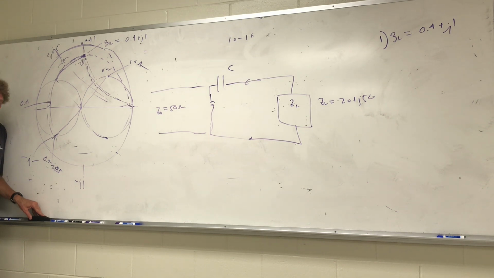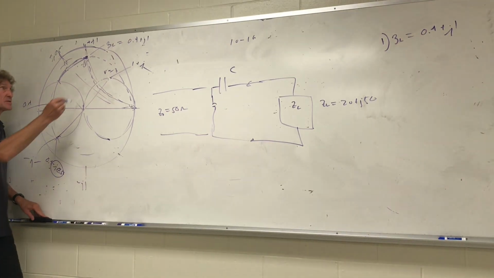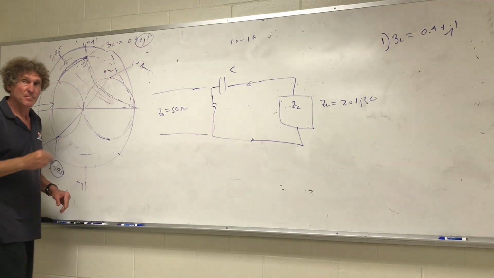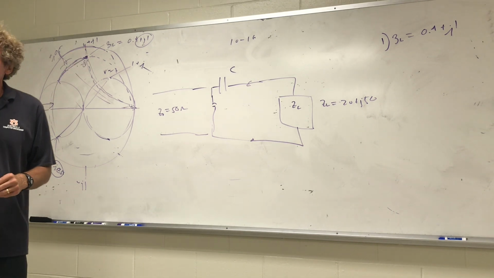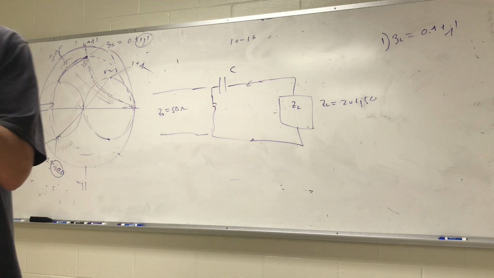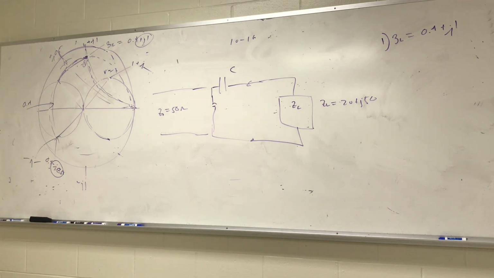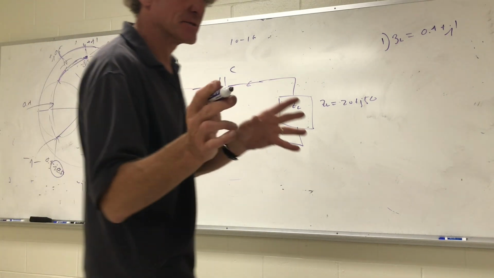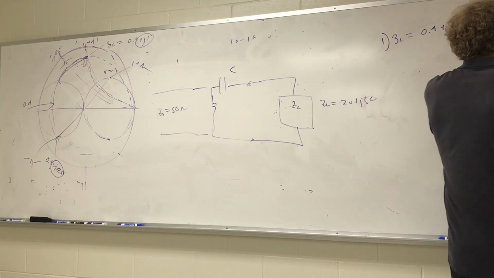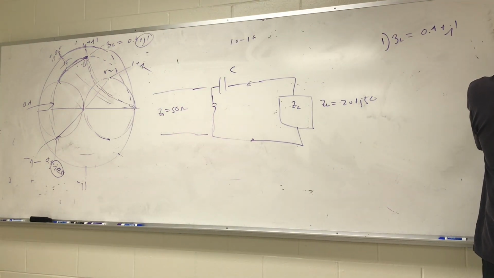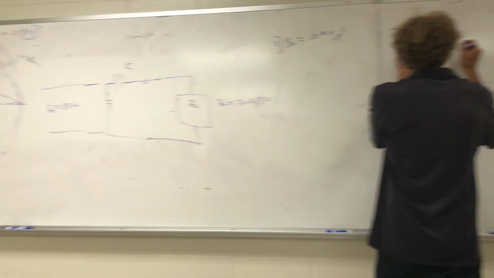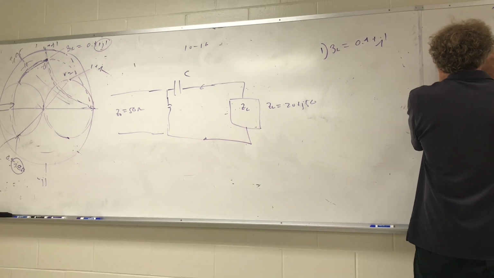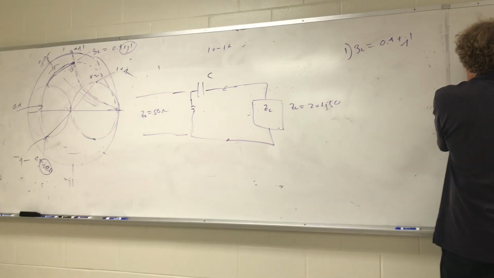This is the imaginary part we started with. So we went from plus J1 to minus J0.5. That better make sense, right? And it's an impedance, correct? So I have minus J, pardon me.